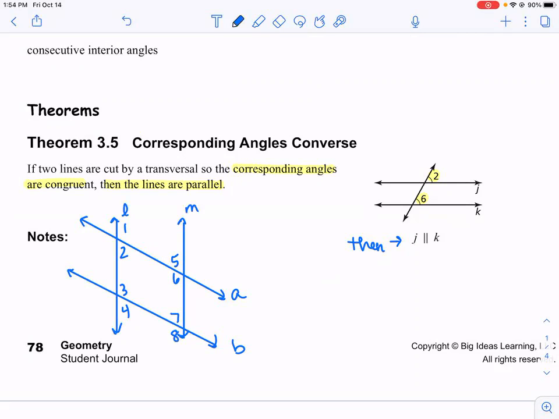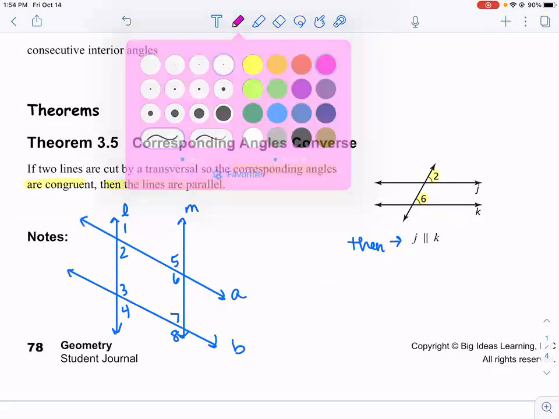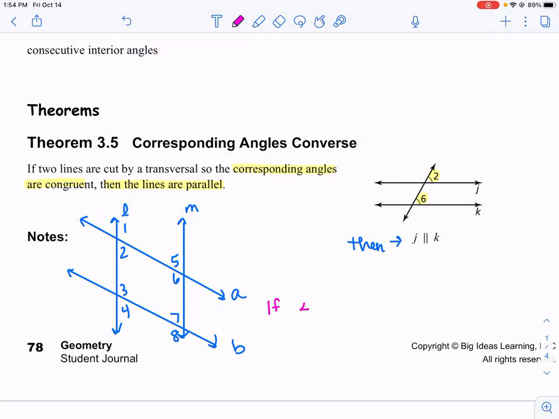Okay, so what if I told you that angle one is congruent to angle three, and line A and B are parallel?